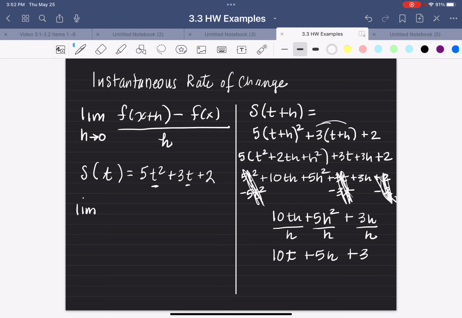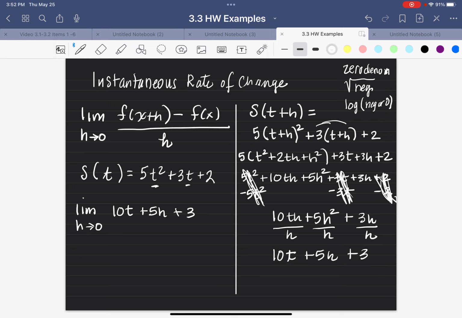So it's the limit as h goes to 0 of 10t plus 5h plus 3. Now, when you're doing a limit, you can substitute unless you have a 0 denominator, which you can't substitute into, the square root of a negative, or the log of a negative or 0.